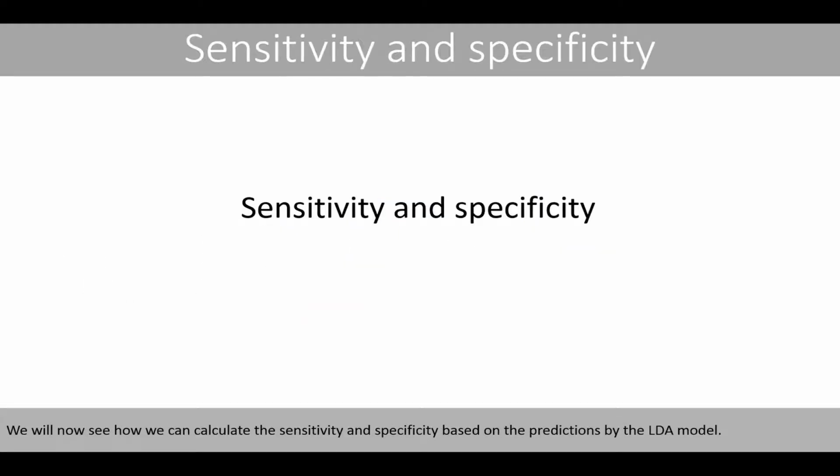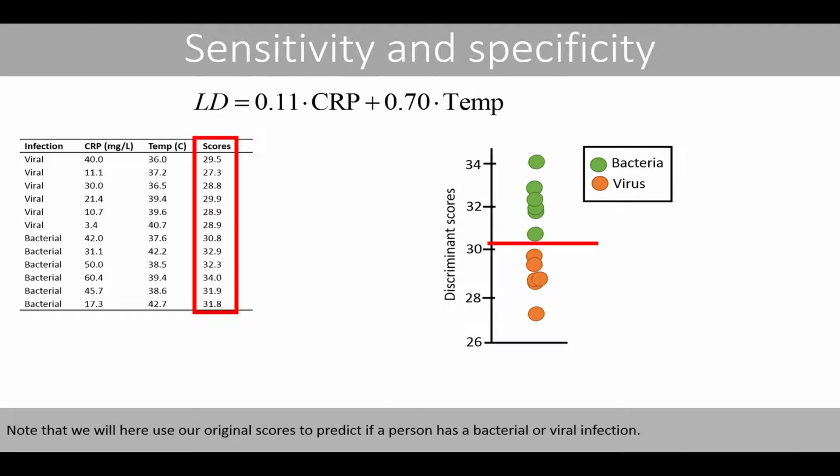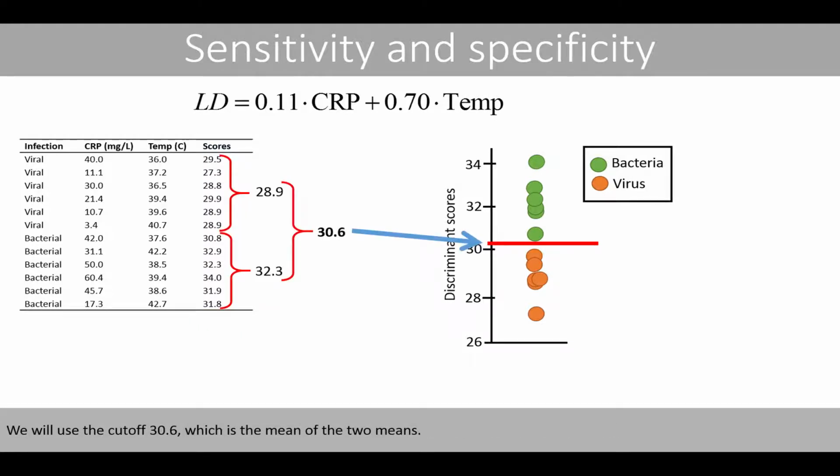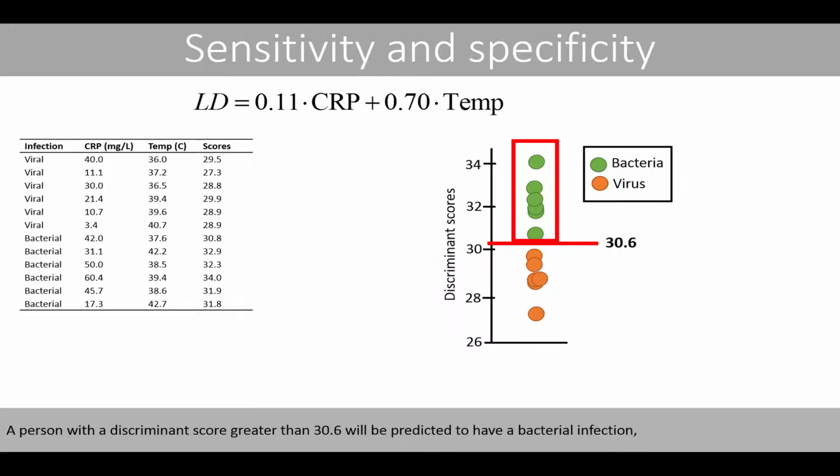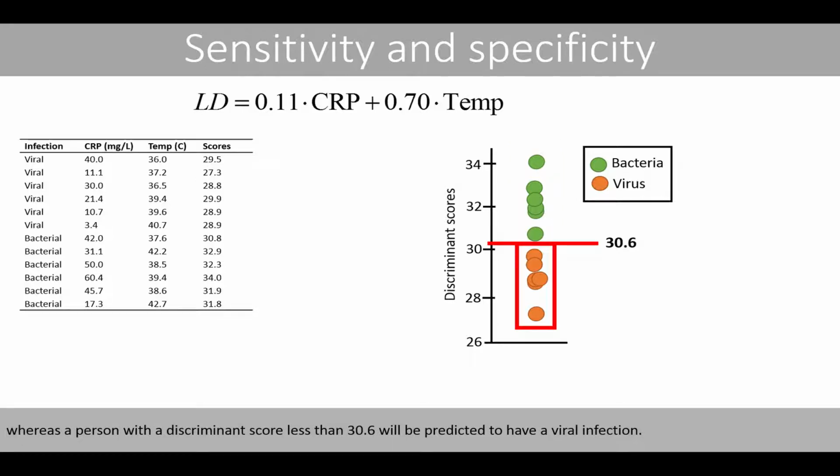We'll now see how we can calculate the sensitivity and specificity based on the predictions by the LDA model. Note that we'll here use our original scores to predict if a person has a bacterial or viral infection. We will use the cutoff 30.6, which is the mean of the two means. A person with a discriminant score greater than 30.6 will be predicted to have a bacterial infection, whereas a person with a discriminant score less than 30.6 will be predicted to have a viral infection.